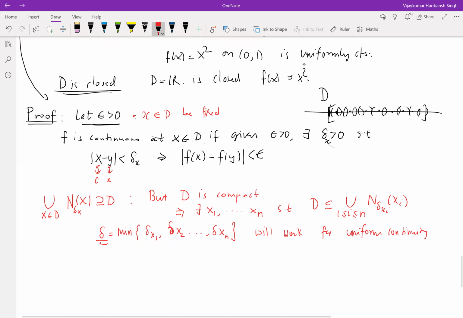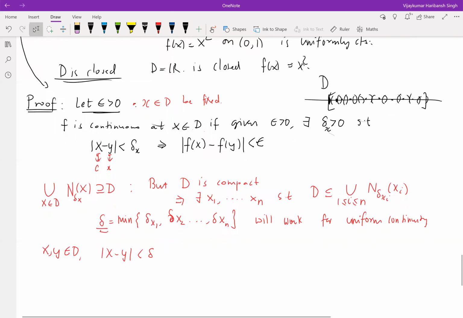So suppose x and y belong to D and |x minus y| is less than delta. Now this would mean that x belongs to some of these neighborhoods of xi, right?